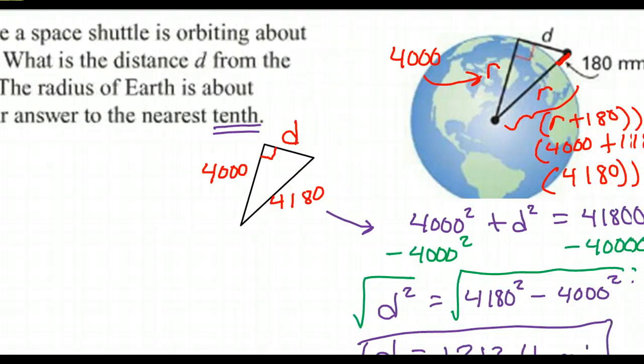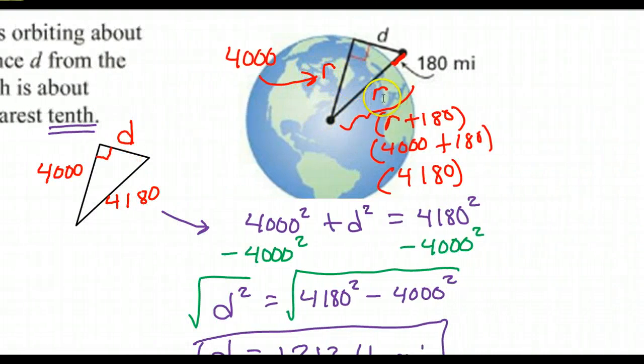So this, where I put r, we know what that is. It's 4,000. So that makes this side of the triangle 4,000, and that makes the hypotenuse 4,000 plus the 180, r plus 180. In other words, the hypotenuse is 4,180.